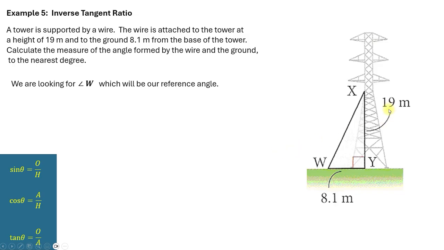We're given 19 and 8.1. 19 is our opposite, and our adjacent is 8.1. So the trig ratio that deals with opposites and adjacents is the tangent.